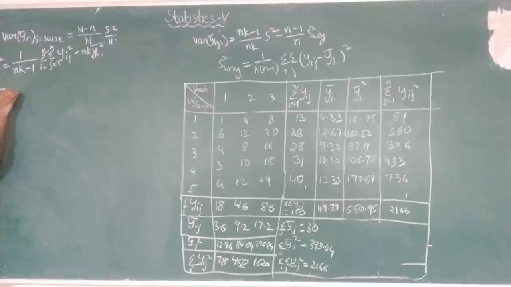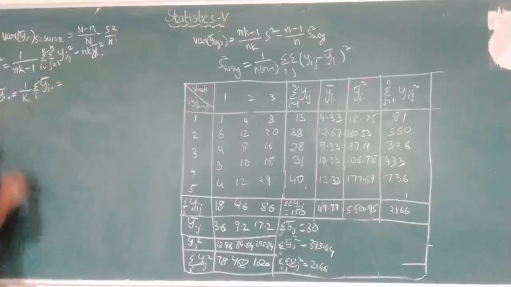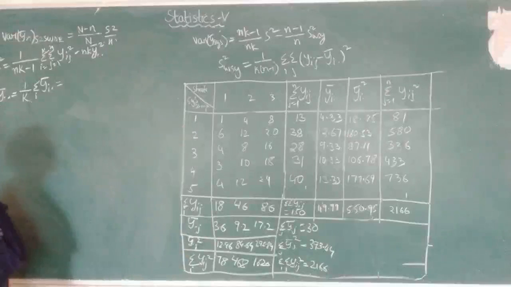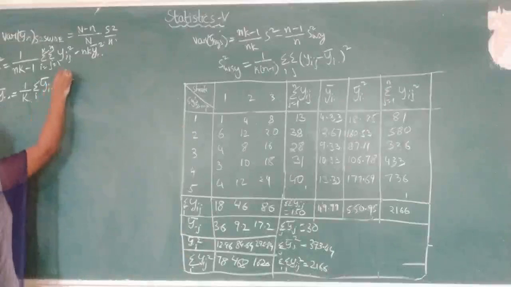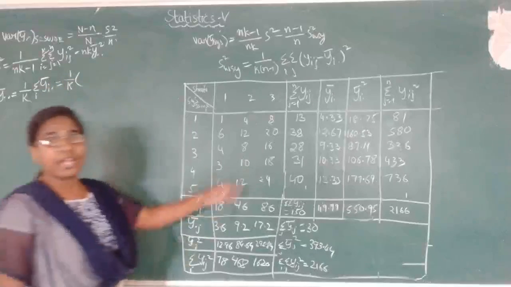Y double dot bar equals, you can use either y dot bar or y dot j bar. I am using y dot bar, so 1 by k summation over y dot bar. So 1 by k, how many systematic samples do we have? 5 systematic samples. So 1 by k into summation of y dot bar.